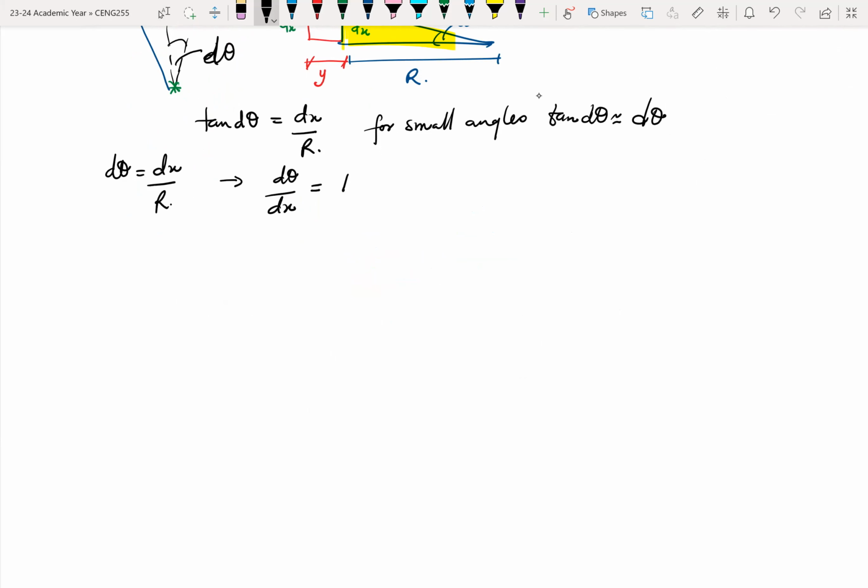Am I correct? Yeah. And this is what we call the curvature.